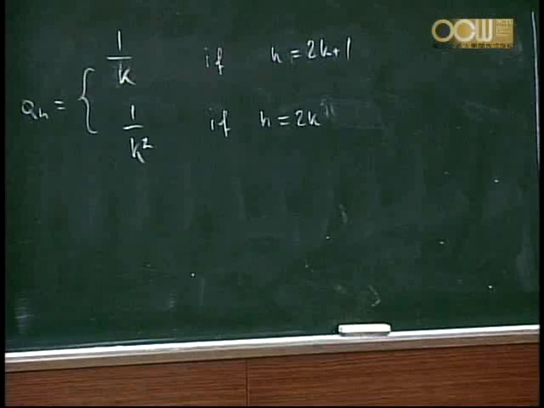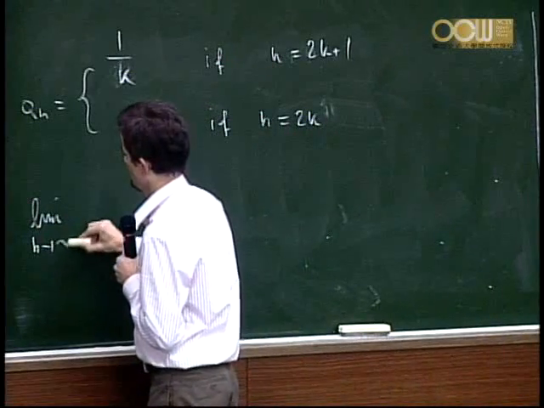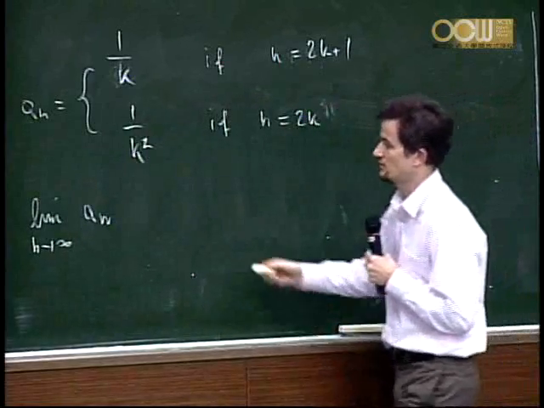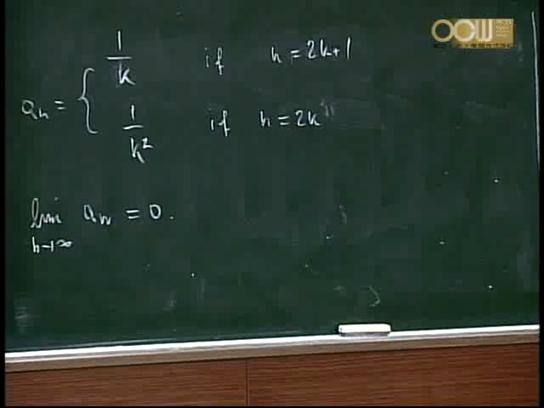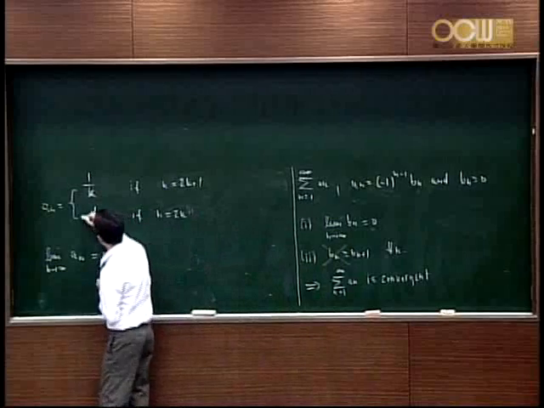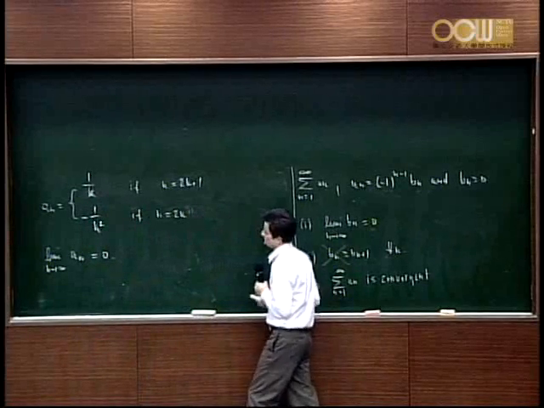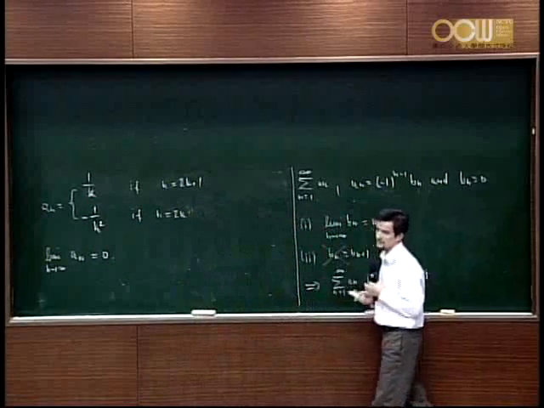Now why? You see that an is 0, no problem. Actually, sorry, here I have a minus. From this you see that the limit over Pn certainly is 0 as well.